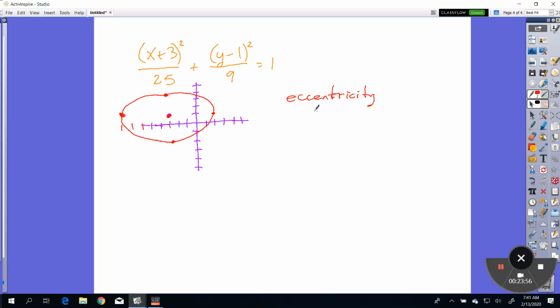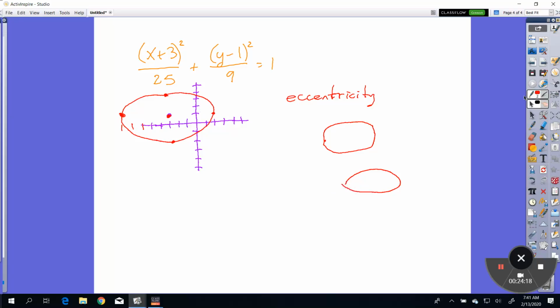If you see that word, that's all it means: is your ellipse really almost rectangular, or is it more footballish? So that's all it means.